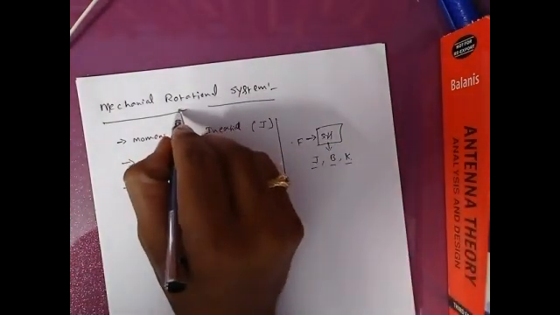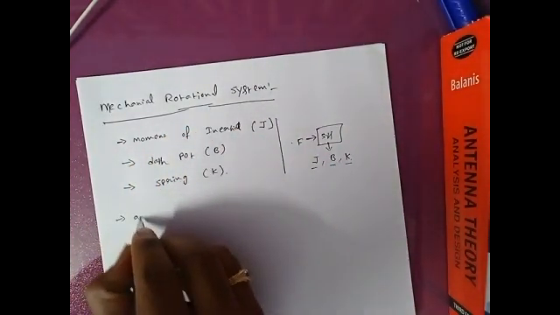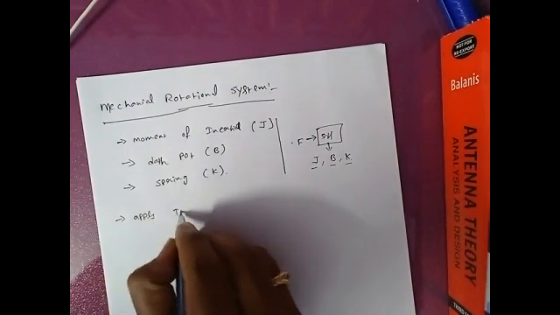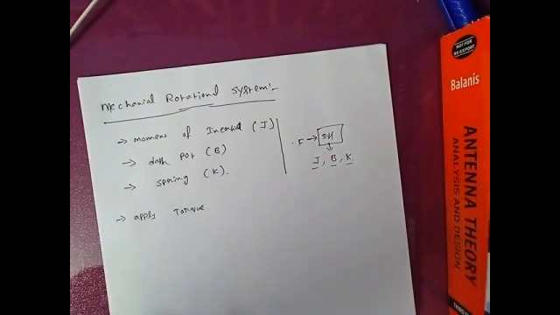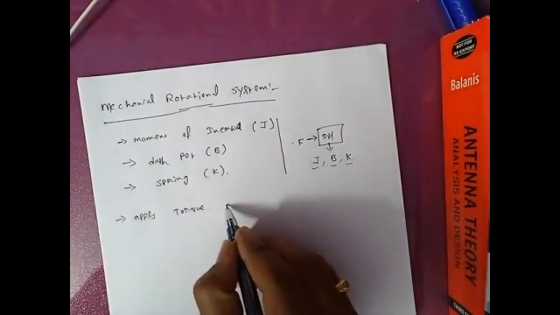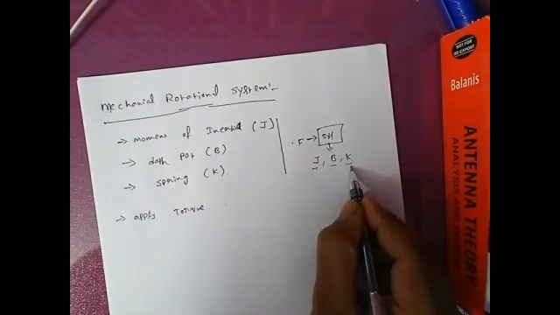But since we are discussing rotational systems, we will apply a torque on the system. Whenever we apply the torque on the system, the opposing torques are due to mass, dash part and spring.